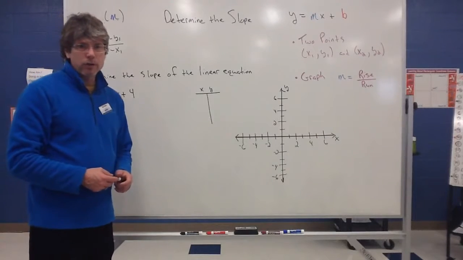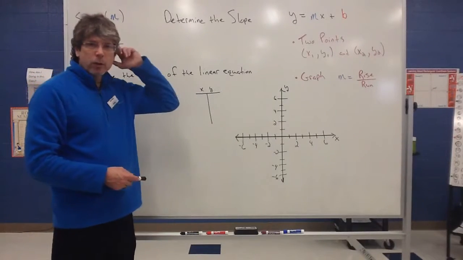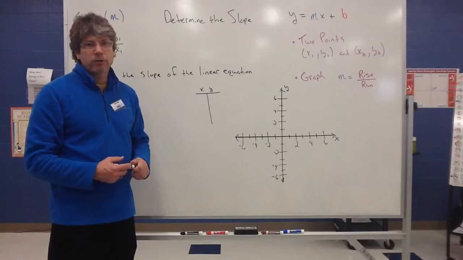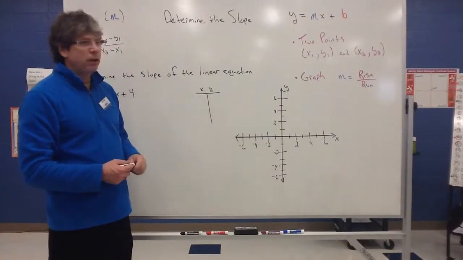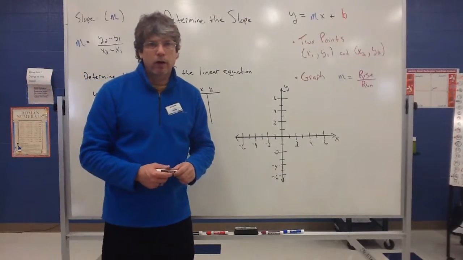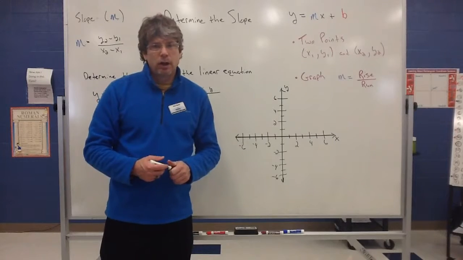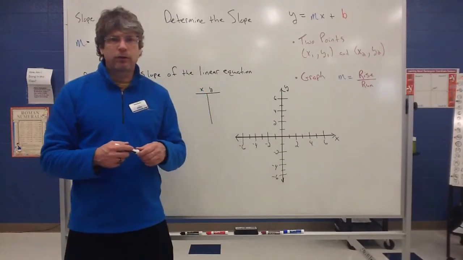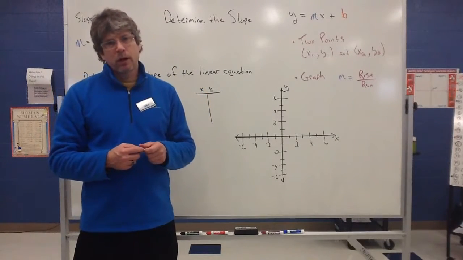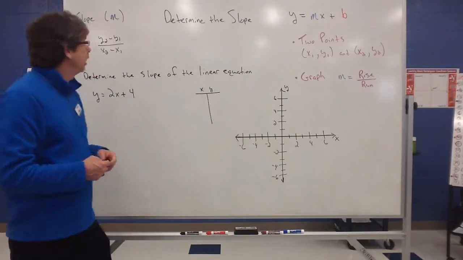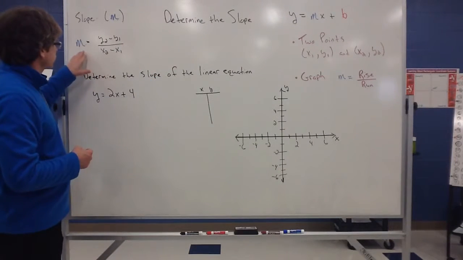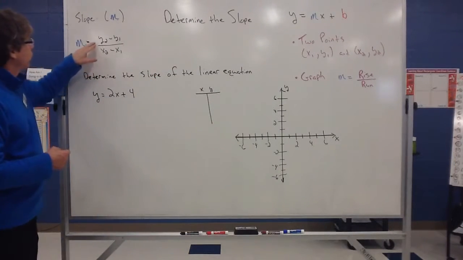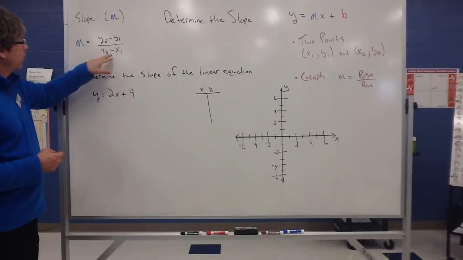We're going to continue working with equations of lines, and specifically we're going to focus on determining the slope of a linear equation. As we've talked about, slope is the steepness of a line. It also can be defined by a formula, y2 minus y1 over x2 minus x1.